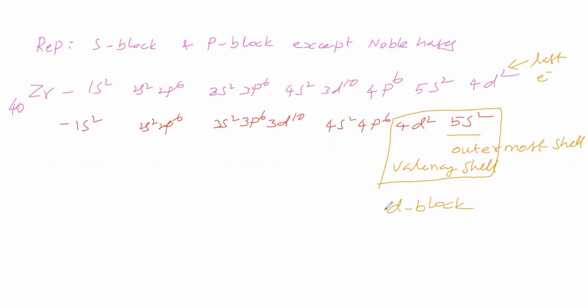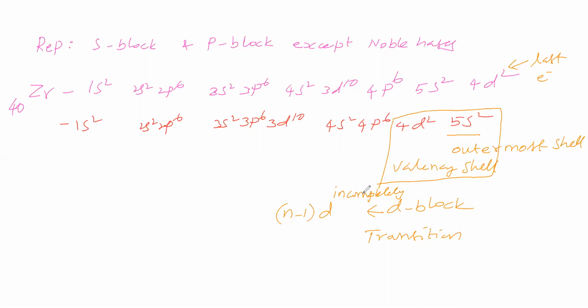In the d block elements, if the n minus 1 d subshell is incompletely filled, then that element is called a transition element. Here n is the principal quantum number of the outermost shell, that is 5. n minus 1 means 4, therefore 4d.